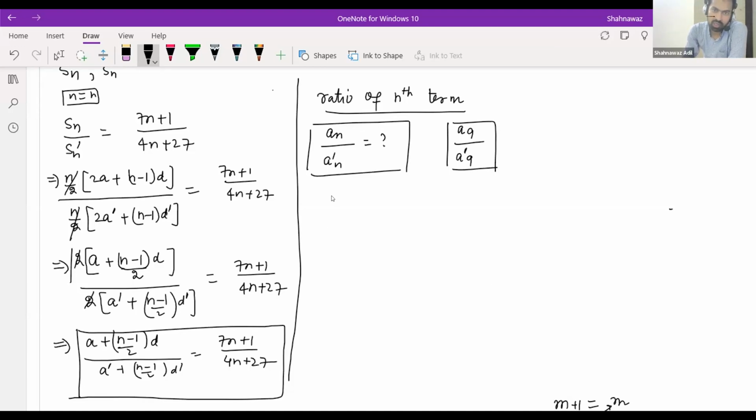So an by an prime would be (a plus (n minus 1) into d) divided by (a prime plus (n minus 1) into d prime). Is this clear, guys? Yes, sir.